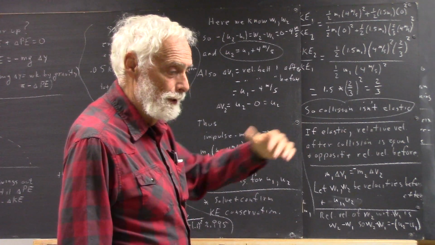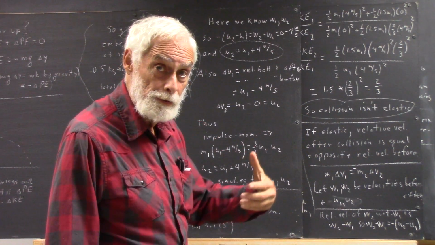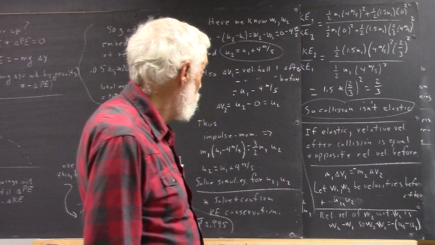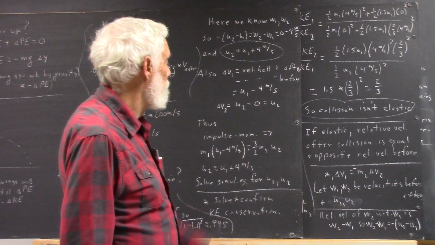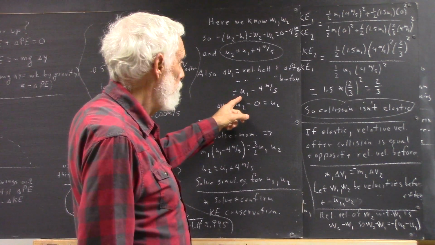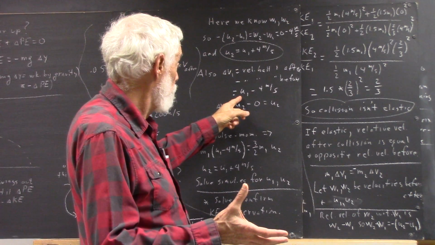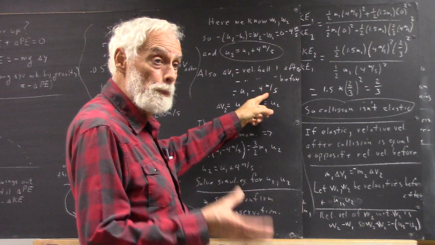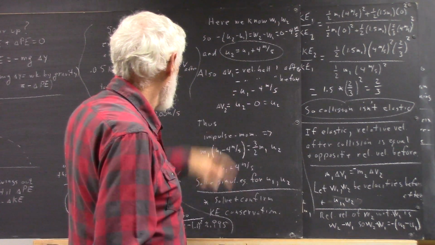The after-collision minus before-collision velocity. That's what we mean by the change in velocity. What happens after minus what was there before. Okay, so delta V1 is this, and that's going to be U1, the velocity of the first ball after collision, minus the 4 meters per second velocity of the first ball before collision. So that's our delta V1.